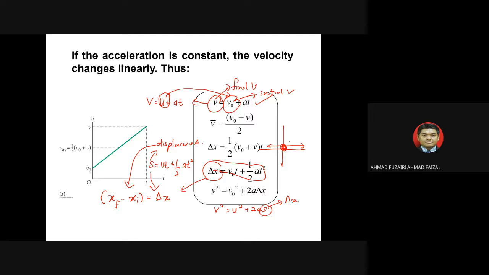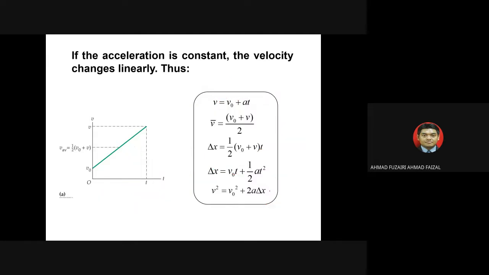Going to the right is positive x, and going to the left is negative x. So there are three very important equations here: v equals v naught plus at, delta x equals v naught t plus half at squared, and v squared equals v naught squared plus 2a delta x.